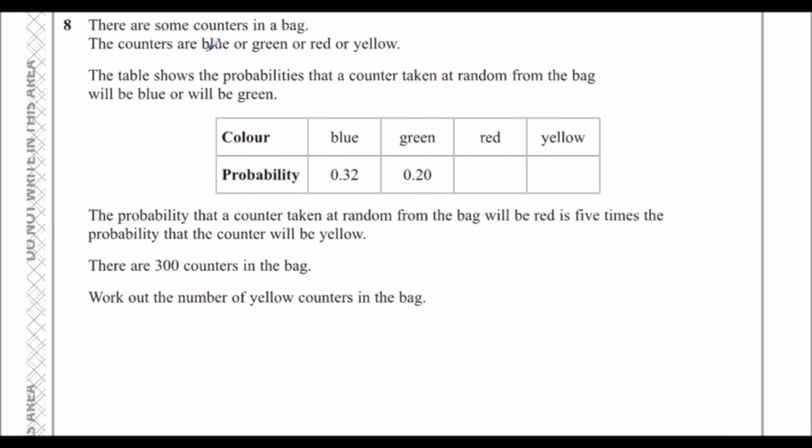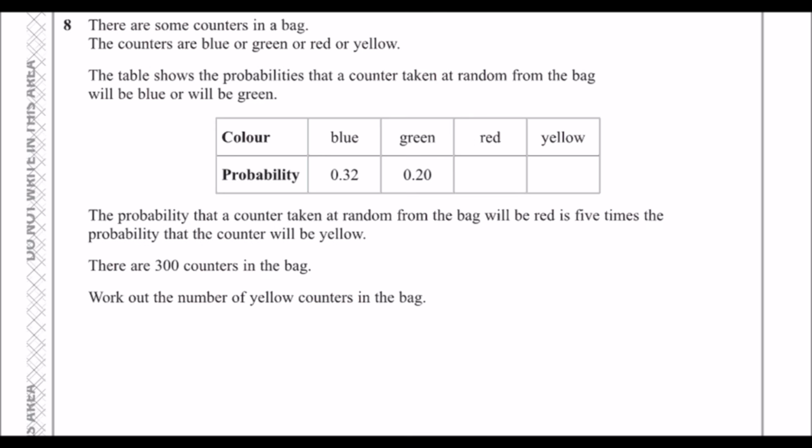Question 8. There are some counters in a bag. The counters are blue, or green, or red, or yellow. So that's shown on the table we've got. The table shows the probabilities that a counter taken at random from the bag will be blue or green.